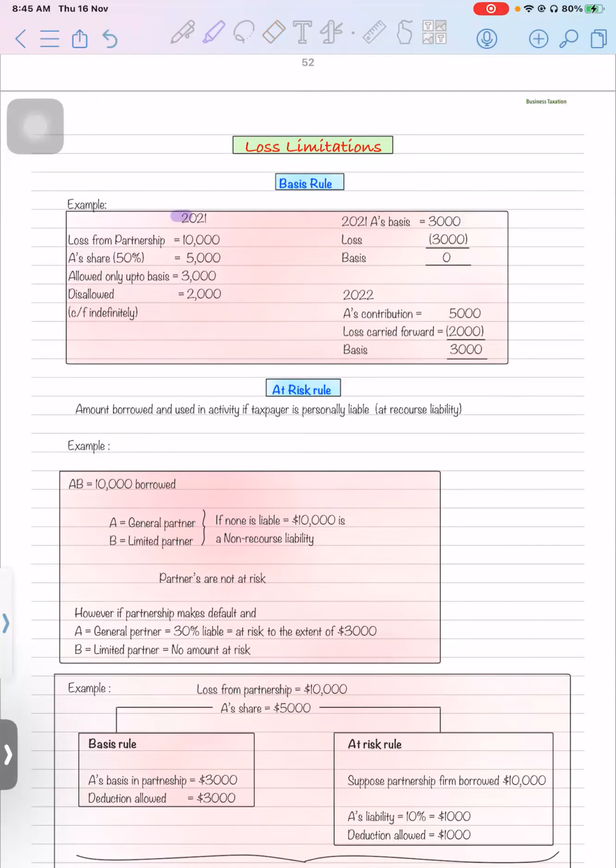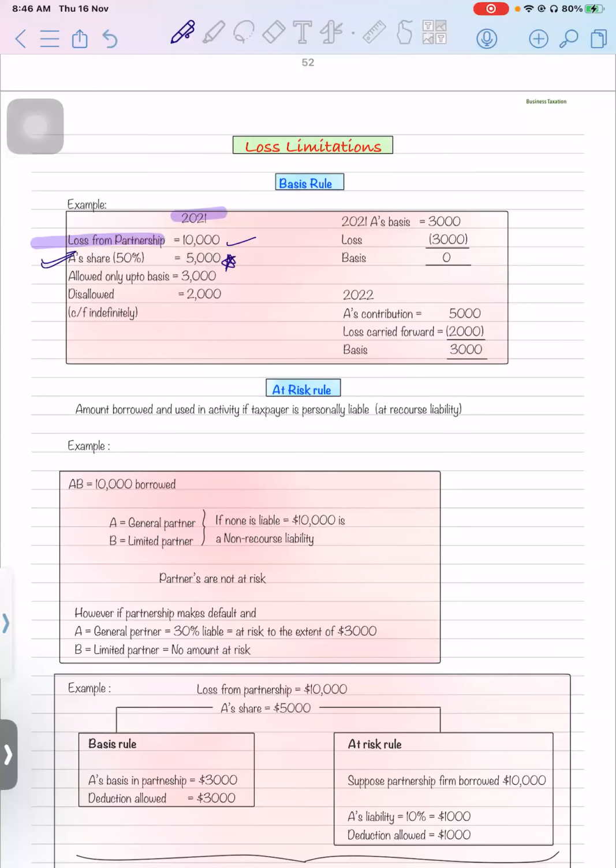In 2021, there is a loss in a partnership firm for $10,000. Now, Mr. A was having a share of 50%. So can I say only 5,000 will be allocable to his capital account? He will be liable only for 5,000 loss, right? Now, how much will be allowed?